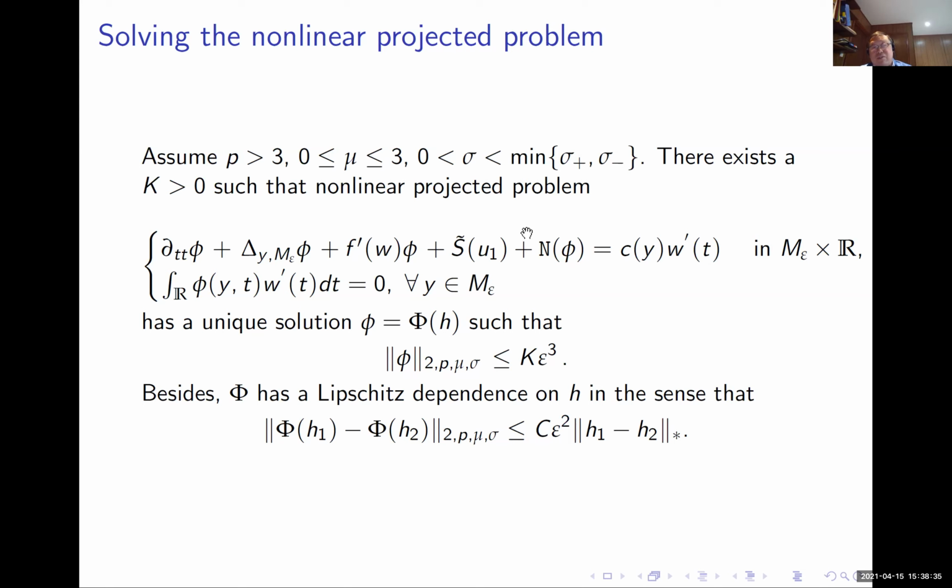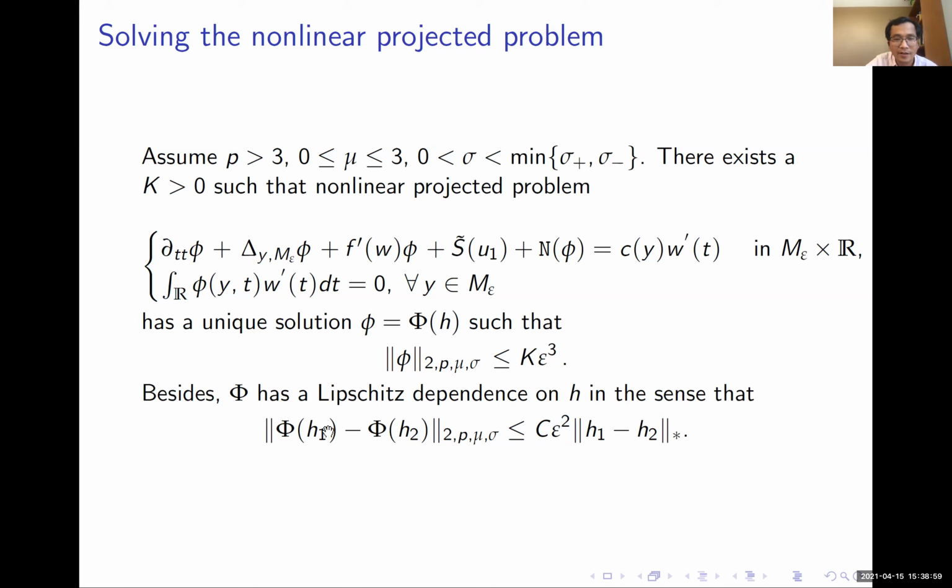Okay, all the non-local terms appear here. And so you do a contraction mapping, and you can solve the nonlinear problem, and you can get a solution which behaves like epsilon cubed. And this solution is also Lipschitz in H. What's H here, by the way?